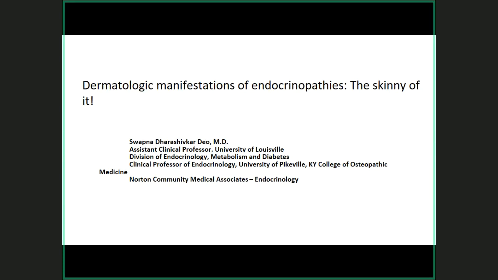Some skin conditions predate other clinical manifestations of the endocrinopathies. Some occur concurrently and might signal looking for other endocrine conditions. And sometimes you can use the skin manifestations as a marker of how good your treatment is. Some of these may resolve with appropriate treatment.